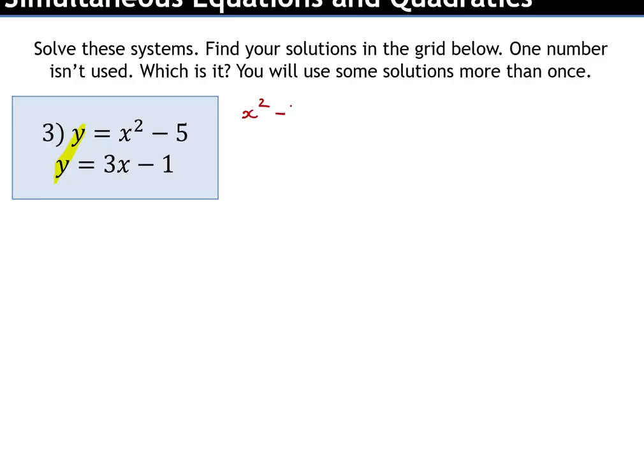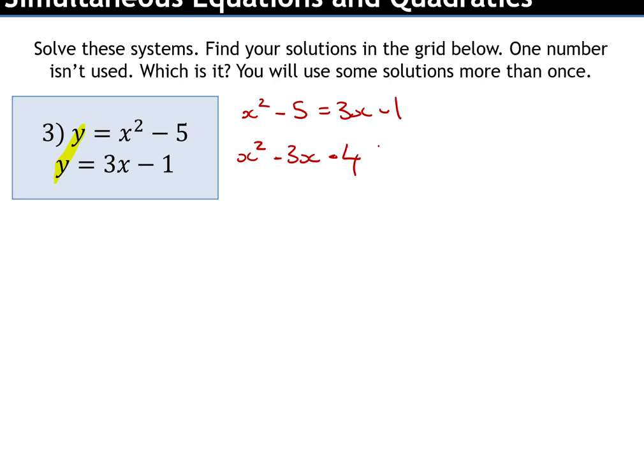So I've got x squared take away 5 is equal to 3x take away 1. The next part is just getting everything to one side. So I will take 3x, I'll add 1 to both sides, so -5 plus 1 is -4.